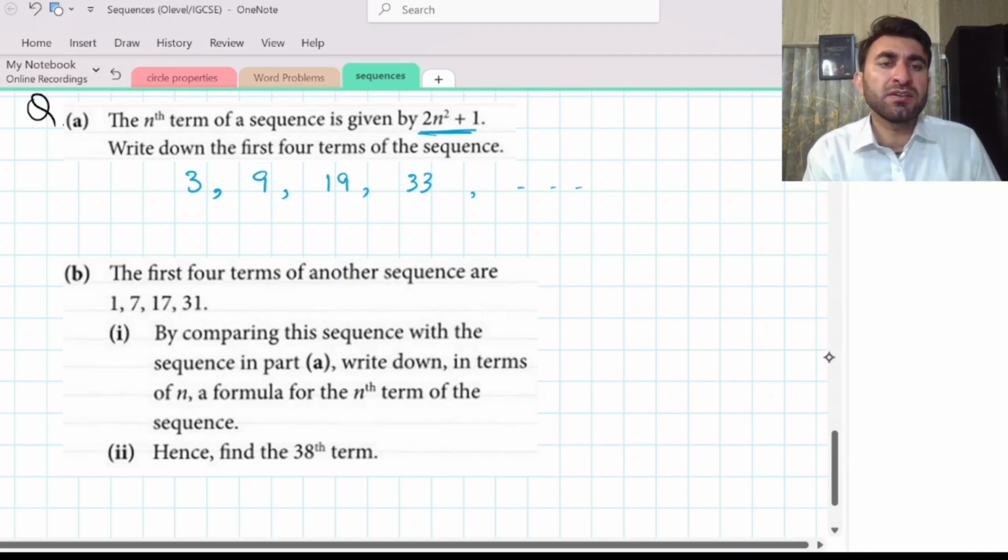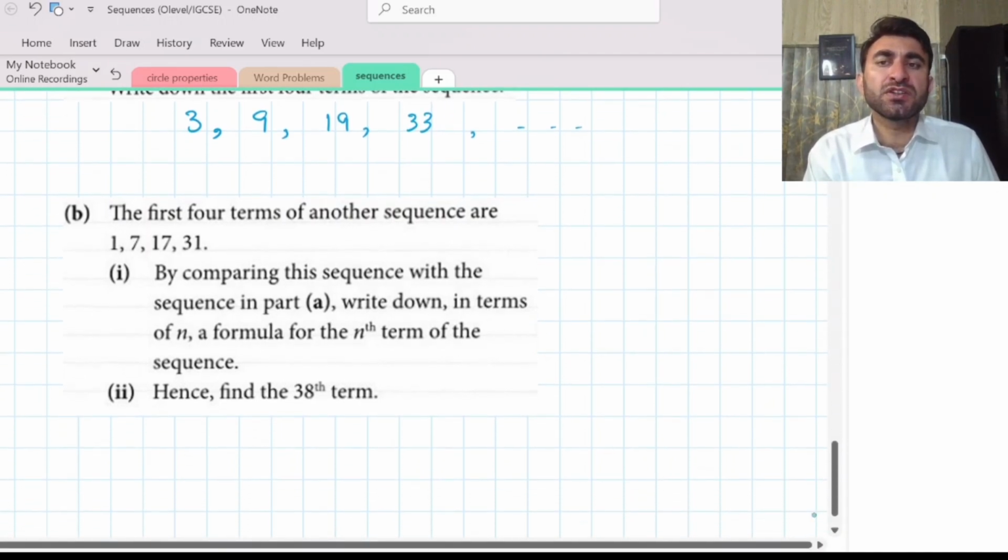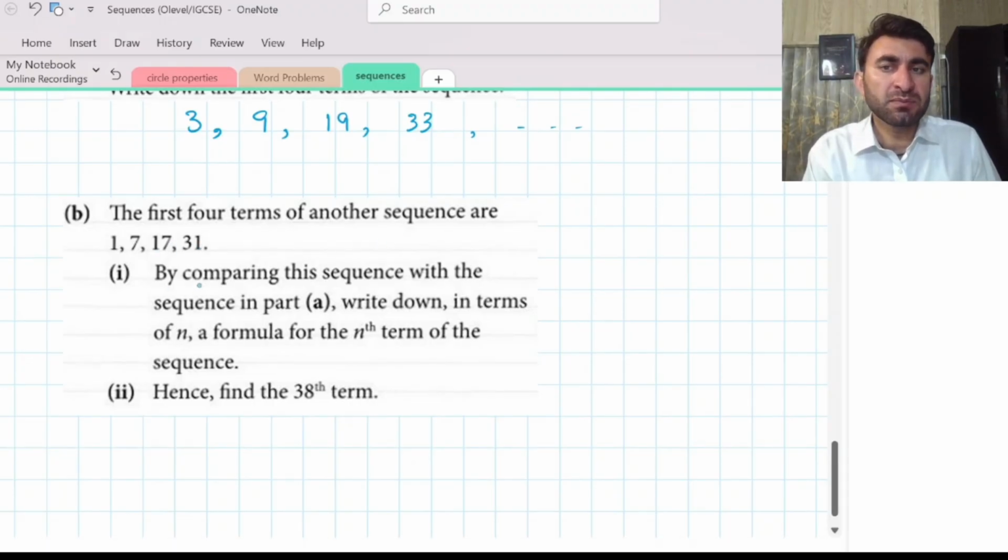In part B, we can see the first four terms of another sequence are given: 1, 7, 17, 31. It says, by comparing that sequence with the sequence in part A, write down the formula for the nth term of the sequence. So first of all, write the two sequences over here.